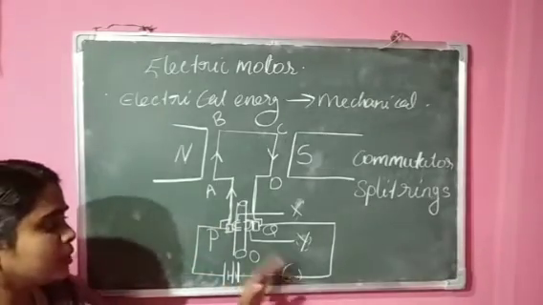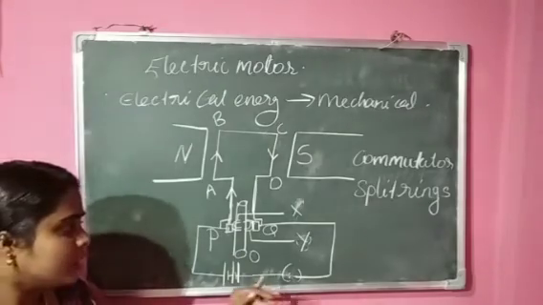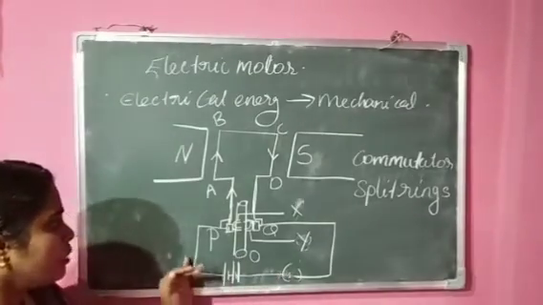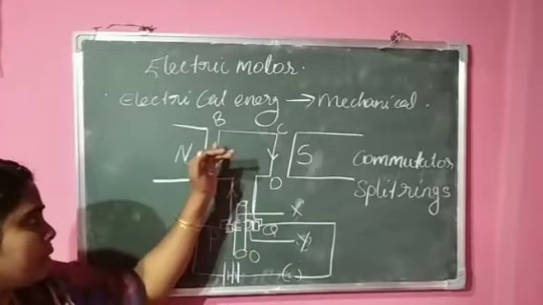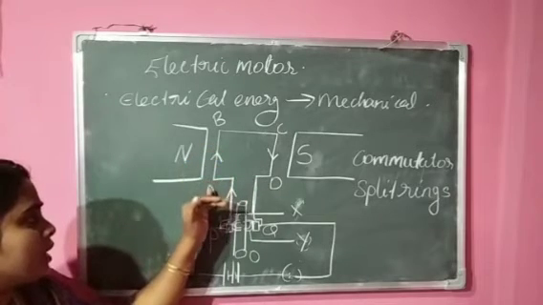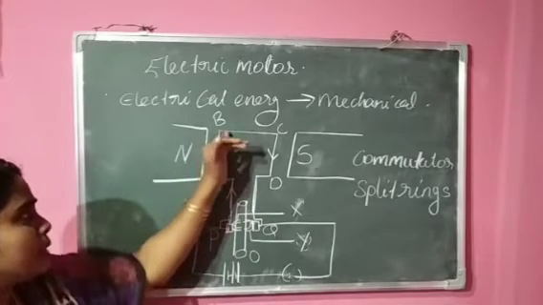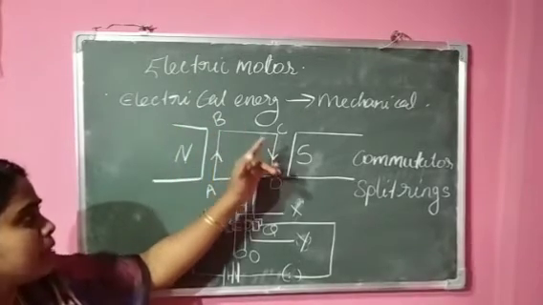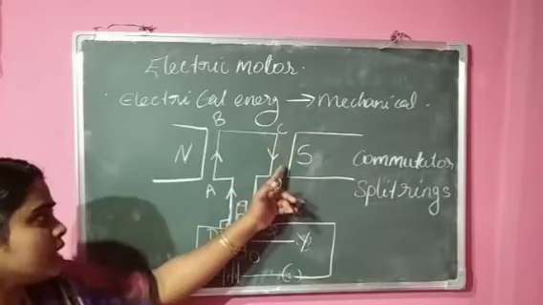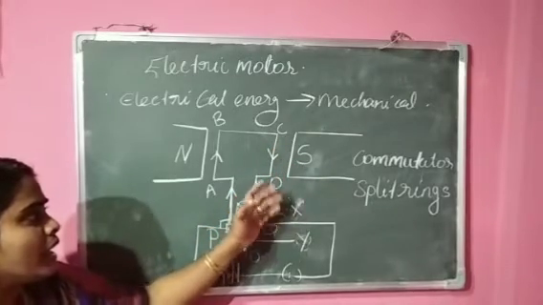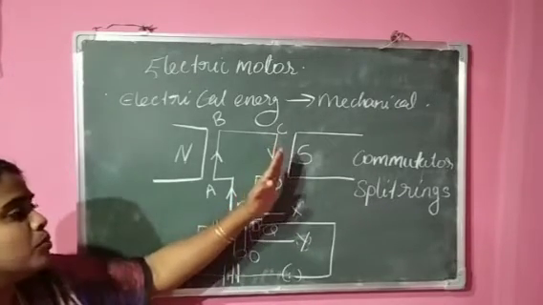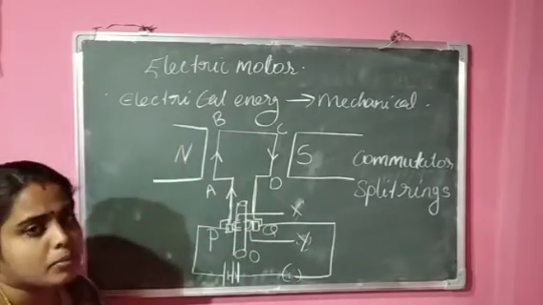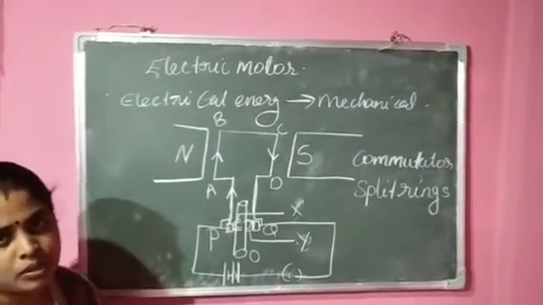When the circuit is closed, the current will pass through this arm AB. So the direction of current in arm AB is A to B. So the arm AB moves downward. At the same time, the direction of current in CD is C to D, and the arm CD moves upward according to Fleming's left-hand rule. Okay.